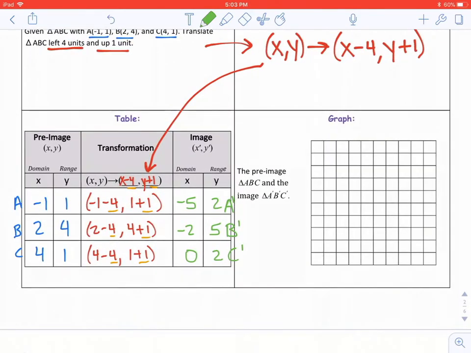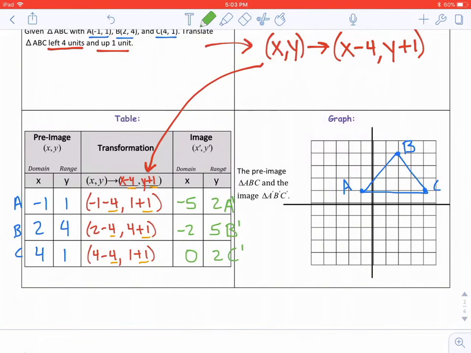Alright, so let's draw a nice y-axis on our graph and an x-axis on our graph, and then I'm going to keep my color scheme going and graph the pre-image in blue. So -1, 1 would be the coordinate for A, 2, 4, so right 2 up 4 is B, C is at 4, 1, so that is my pre-image triangle of ABC.